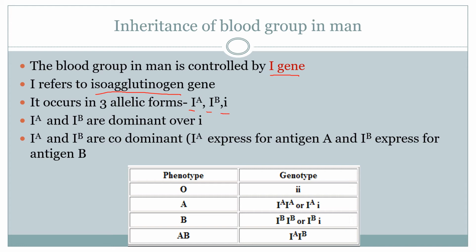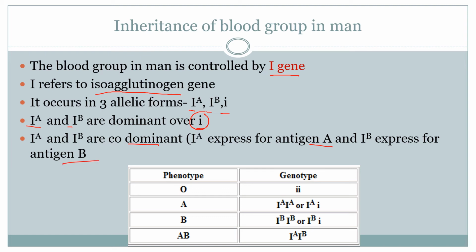These are the three allelic forms of I. IA and IB are dominant over small i. IA and IB are dominant genes and small i is the recessive one. Okay, and IA and IB are codominant. IA expresses for antigen A and IB expresses for antigen B.